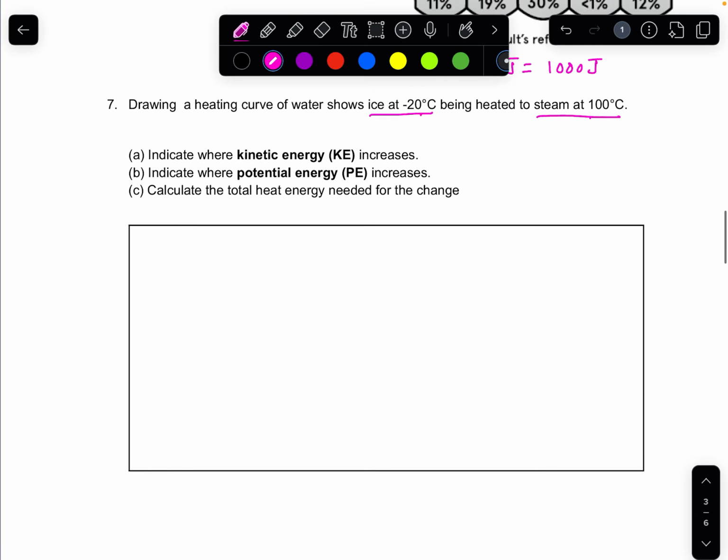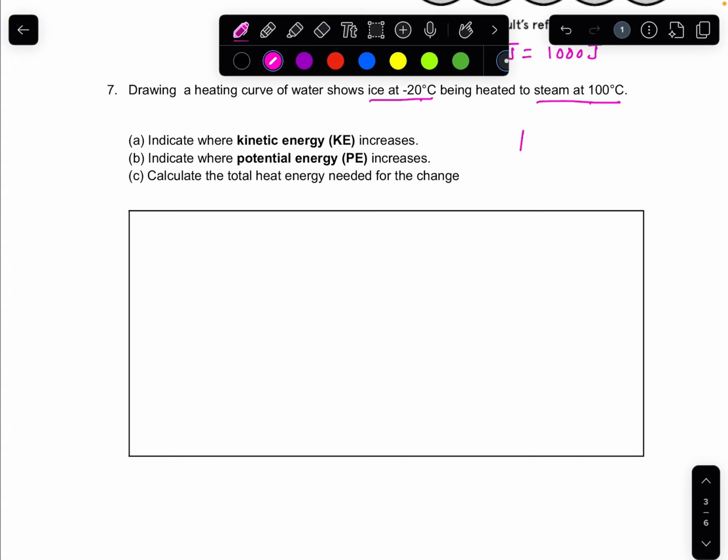Okay, then so this is what the graph will look like. So this will be melting, and this will be solid, and this will be liquid, and this will be steam.